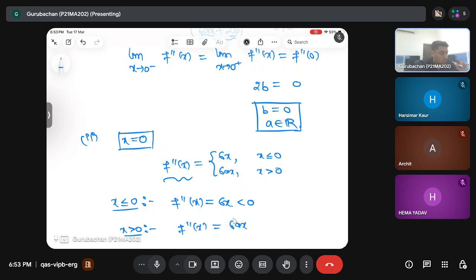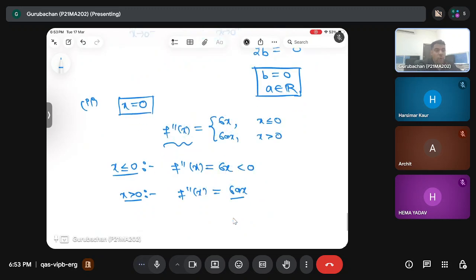For x = 0 to be an inflection point, this a has to be positive, so that there will be a change in the concavity sign. Otherwise x equal to 0 will not be an inflection point, because our function's concavity sign remains the same.